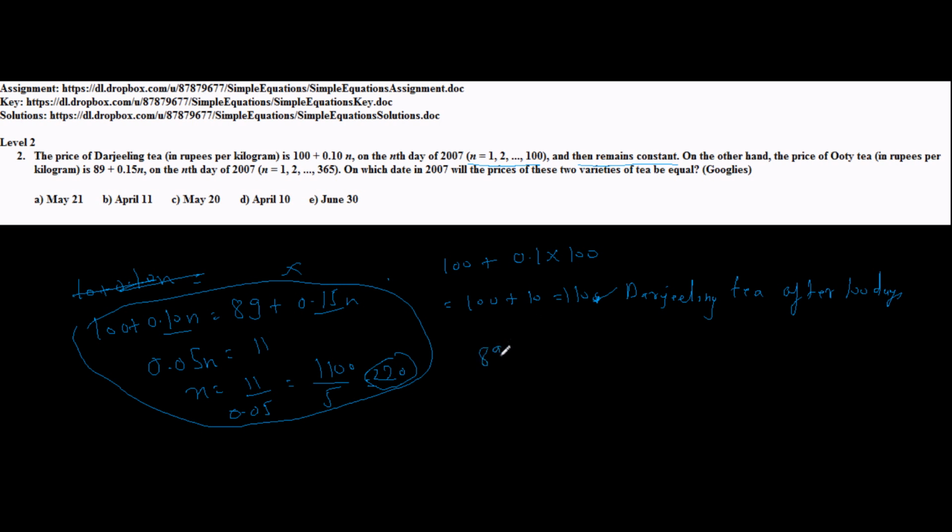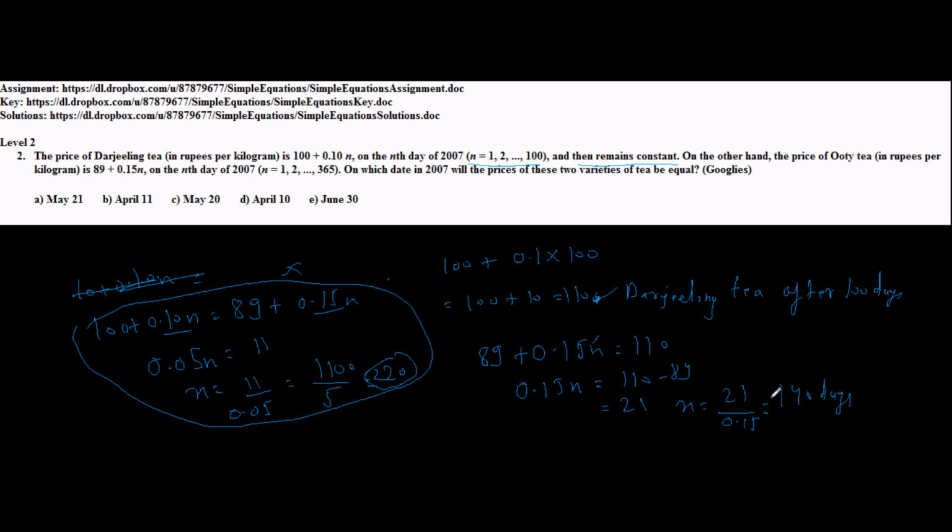So I can confidently write this 89 plus 0.15n equal to 110 to find out how many days to reach 110. It will give me 0.15n equal to 110 minus 89 is equal to 21, which would then give me n equal to 21 by 0.15, which will give me 140 days.